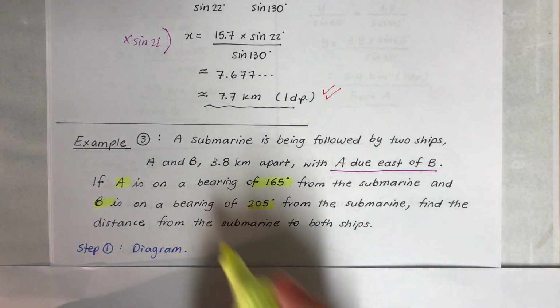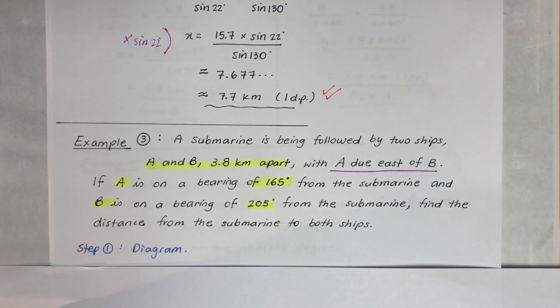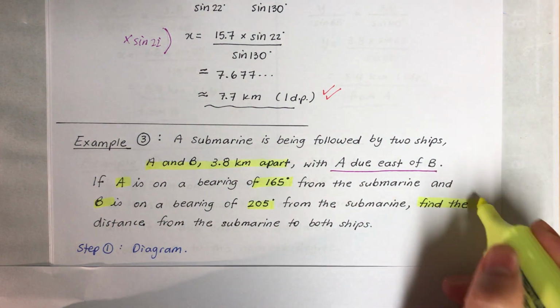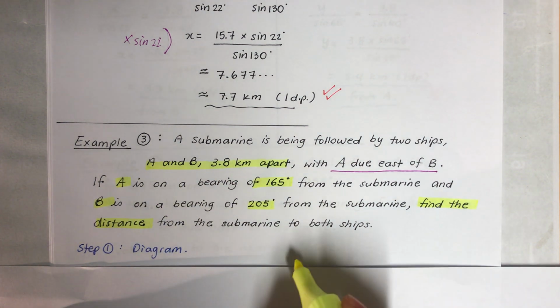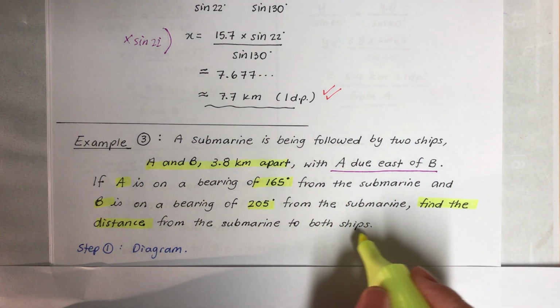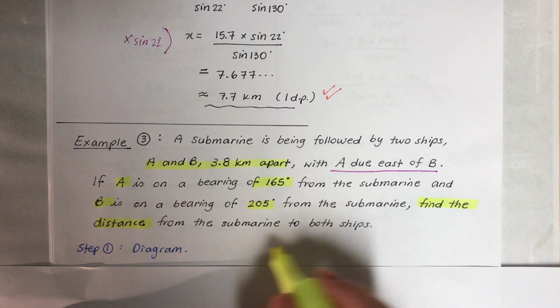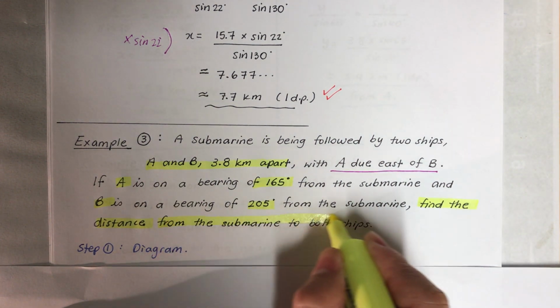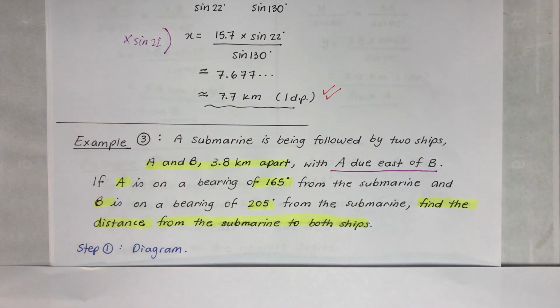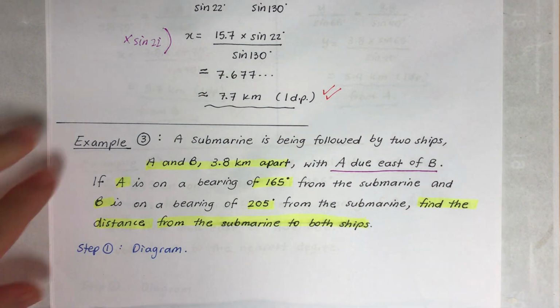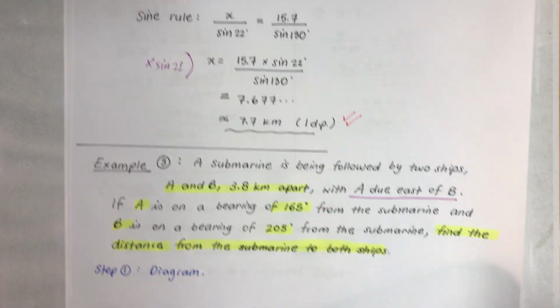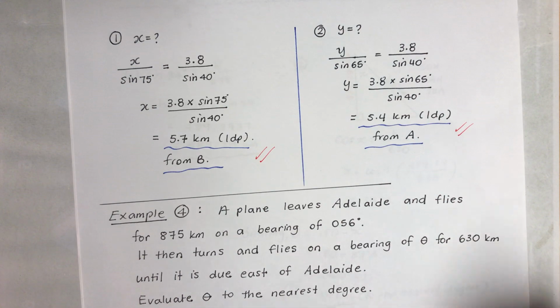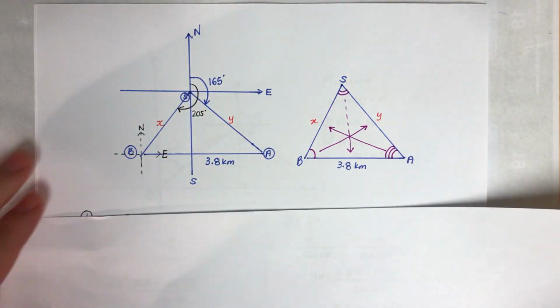I'm going to put that one apart. Find the distance from the submarine to both ships, A and B. So find that. Okay, so the diagram. It's not too bad. Just think about the diagram. So here it is. I've got it already.